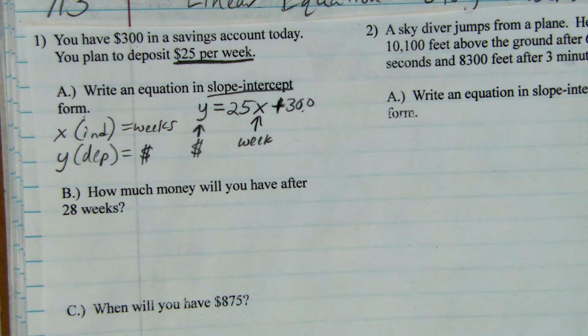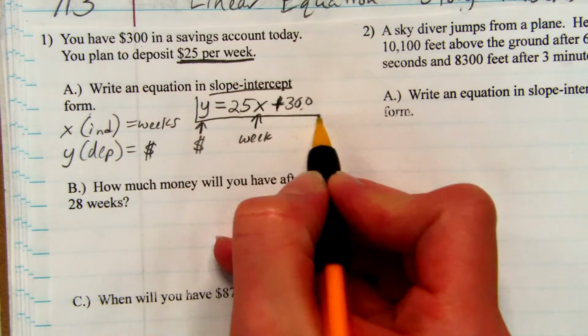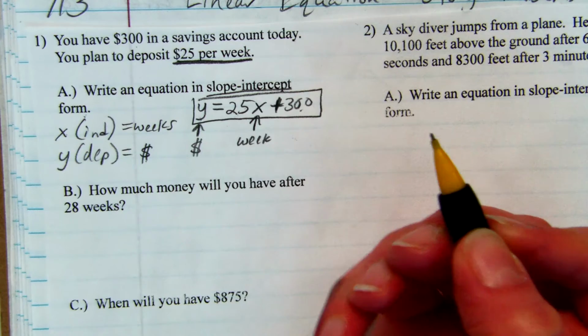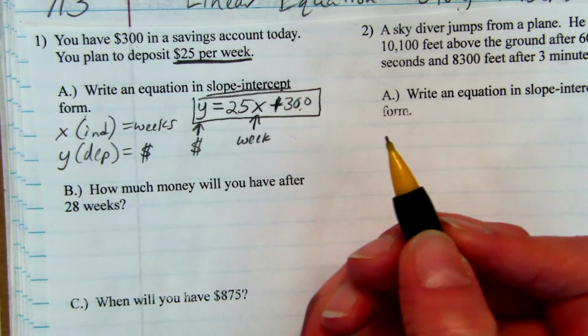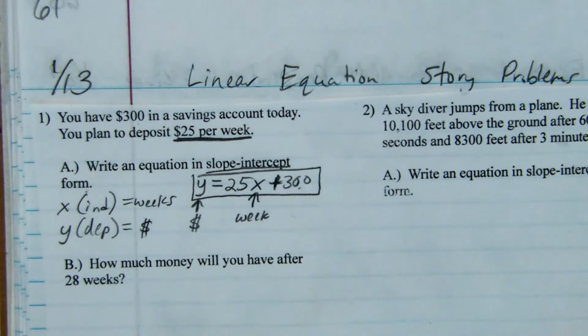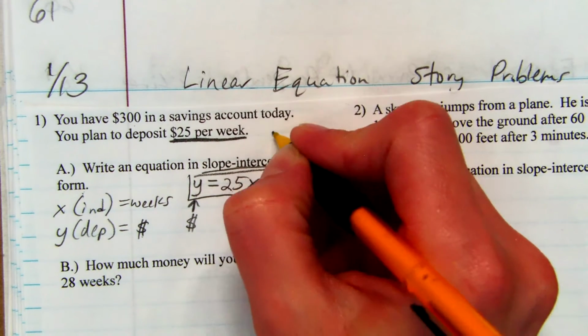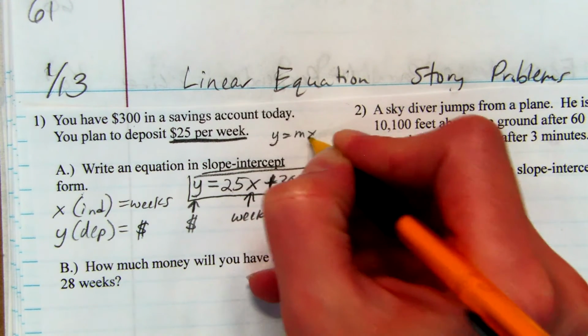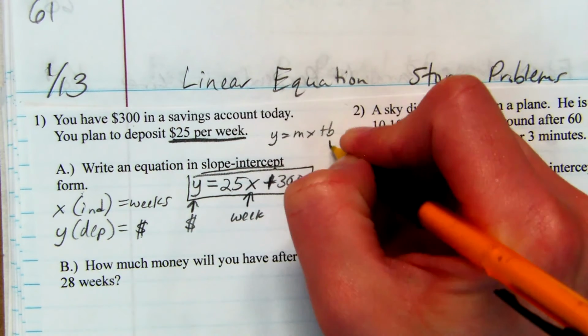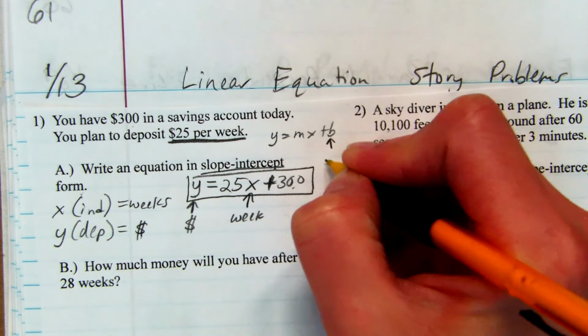I don't care. So when we do slope-intercept form, what I want you to know, and I'm trying to figure out a good place to put this. You see this tiny little space right here? Let's write this up here. y equals mx plus b. The b is for beginning.